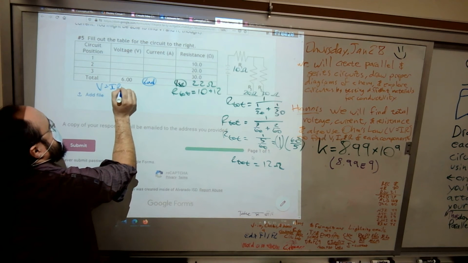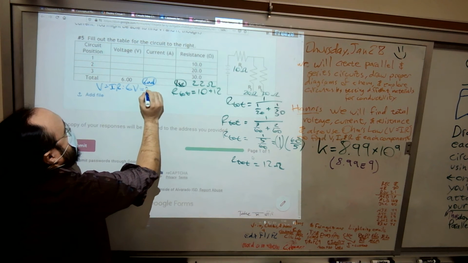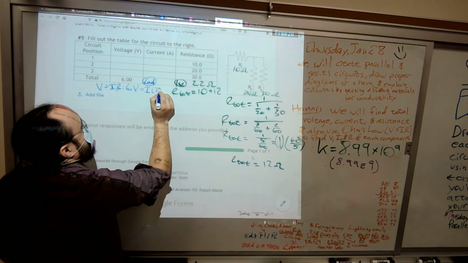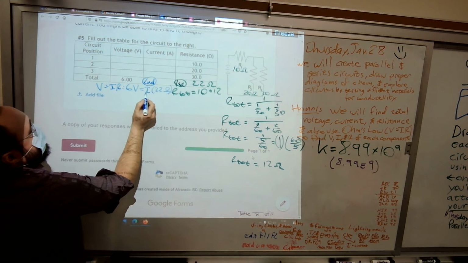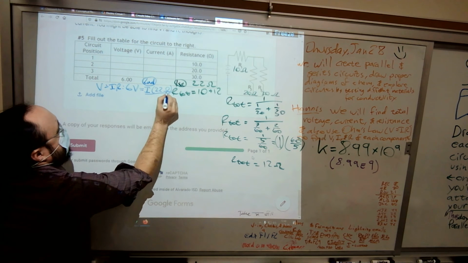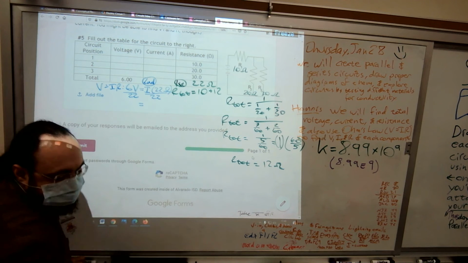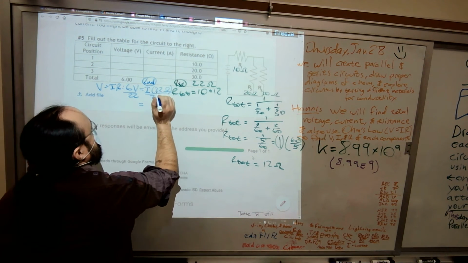V equals IR. We're just plugging in 6 volts from the total here. We're looking for I for that one. And we've got R, 22 ohms. To solve for I, it says I times 22, so I'll make that cancel by dividing by 22. And I get 0.27.